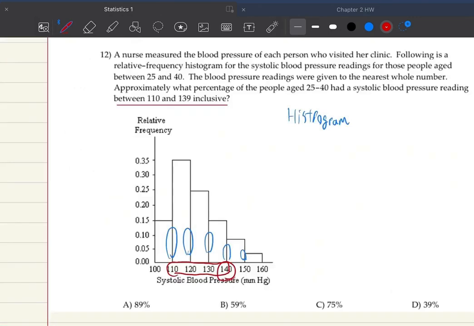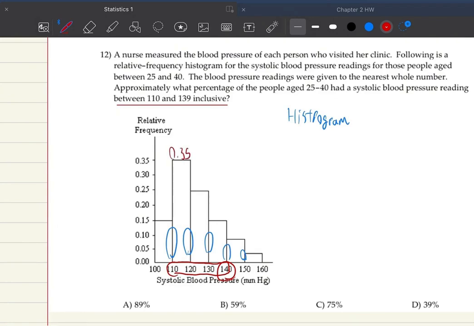So we are going to use the bar height to calculate the relative frequency of 110 to 139 inclusive. The first bar, 110 to 120, is 0.35.